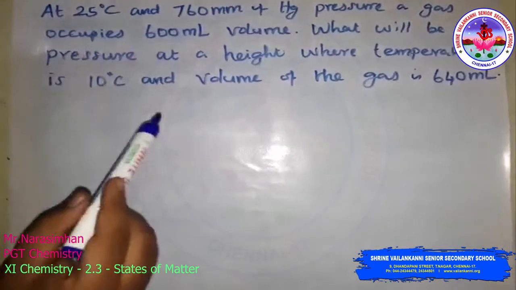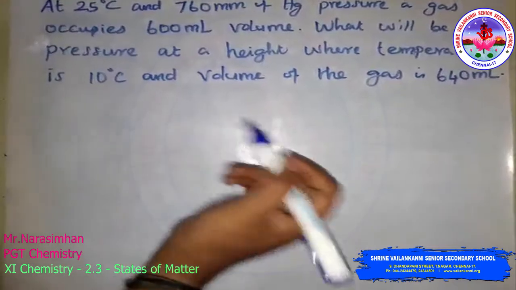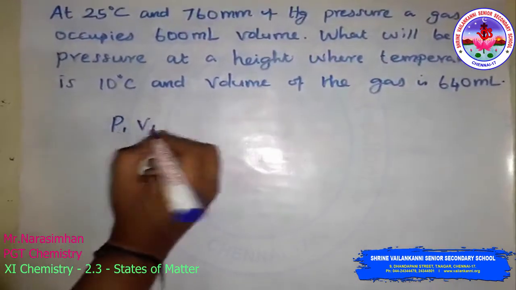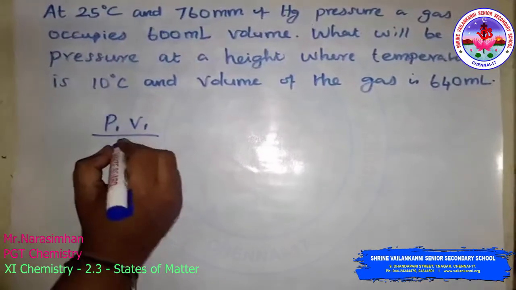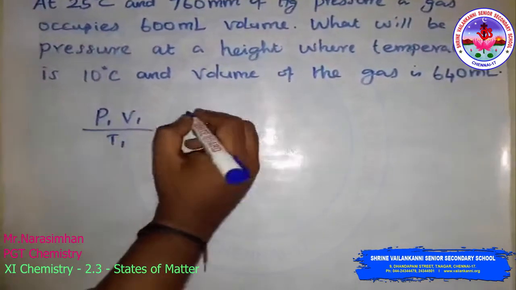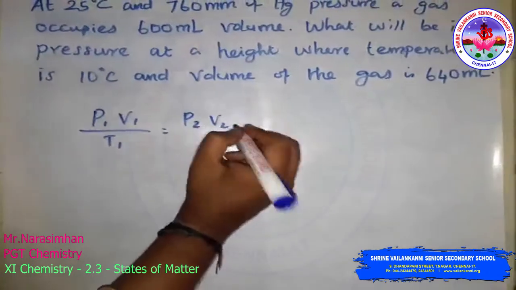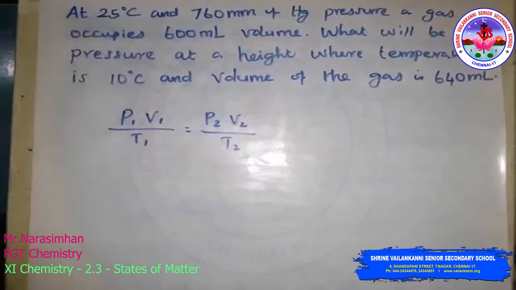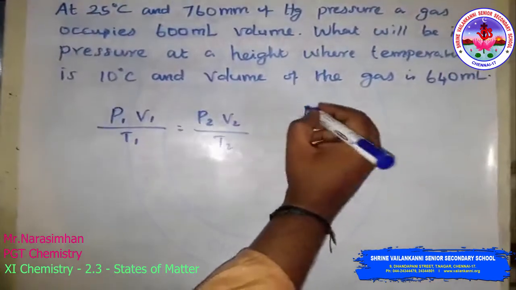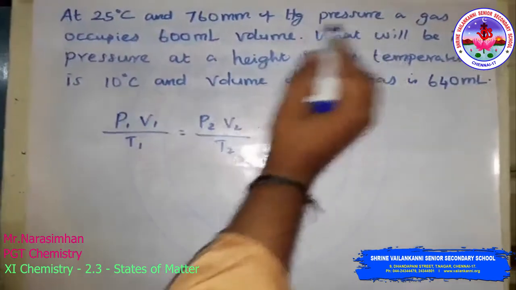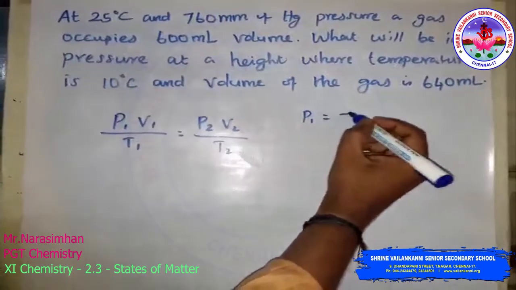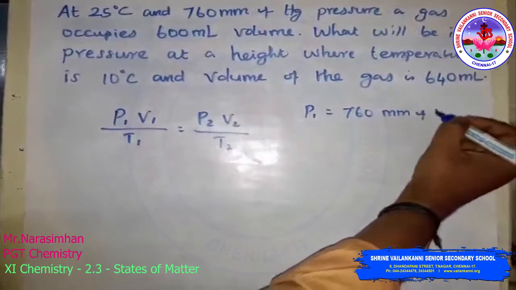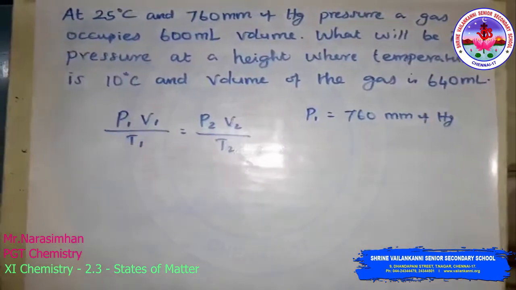So we want to find out P2. So the combined equation is what? P1 V1 divided by T1 is equal to P2 V2 divided by T2. So first we want to arrange the values. First P1, the pressure 1 is what? That is 760 millimeter of mercury. The unit is millimeter of mercury.